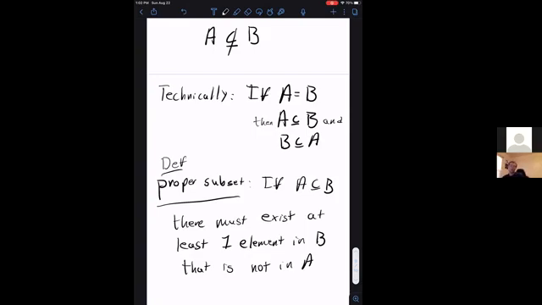So for us, we're always going to be talking about proper subsets. Otherwise, we just say they're the same set.